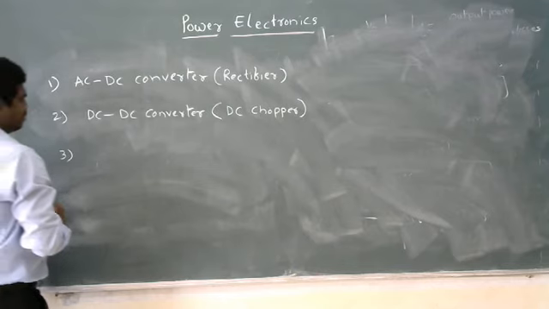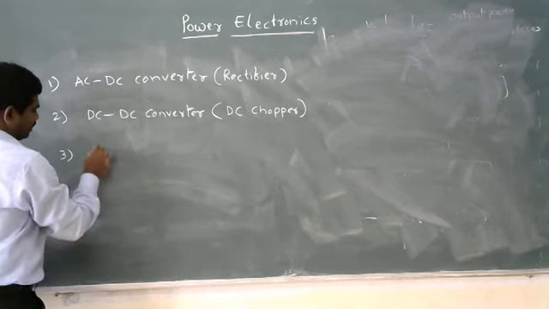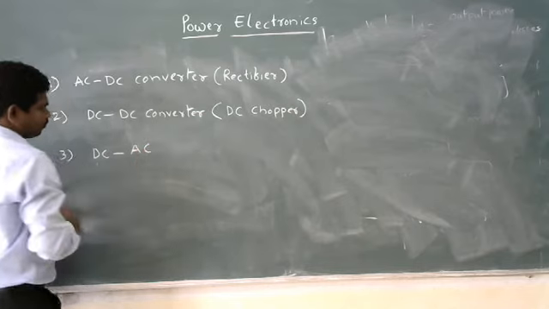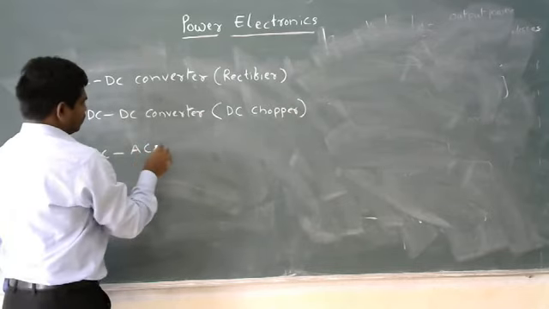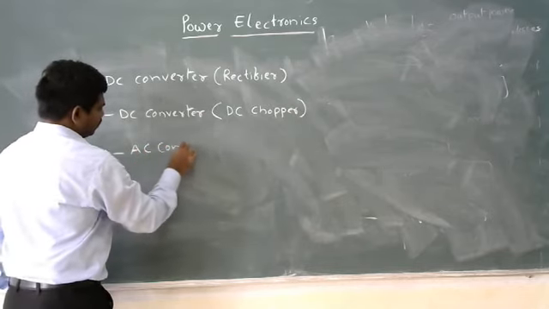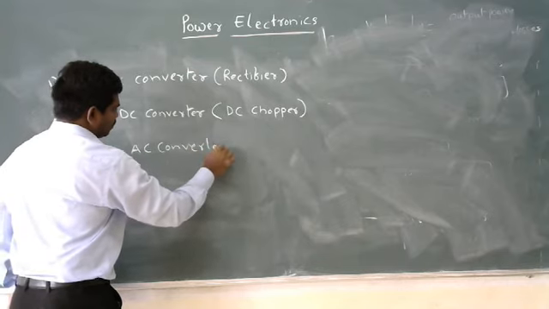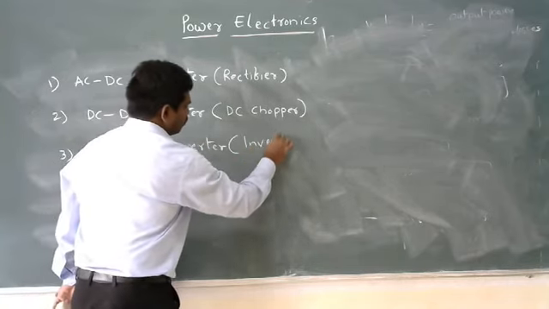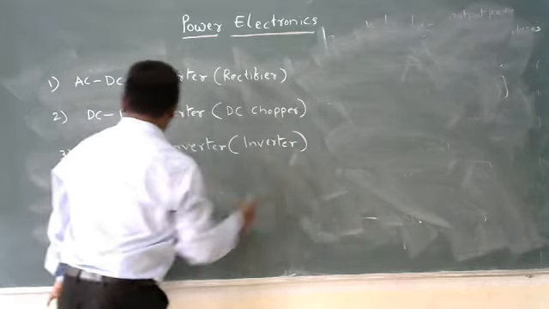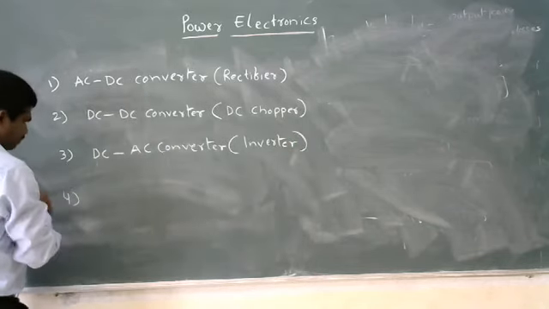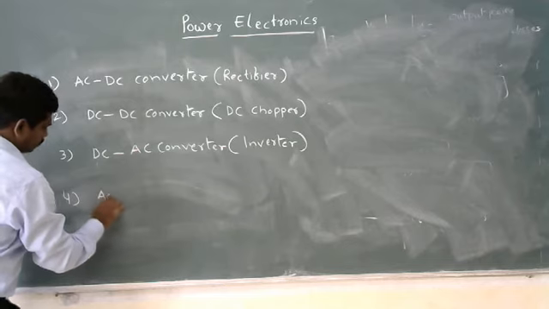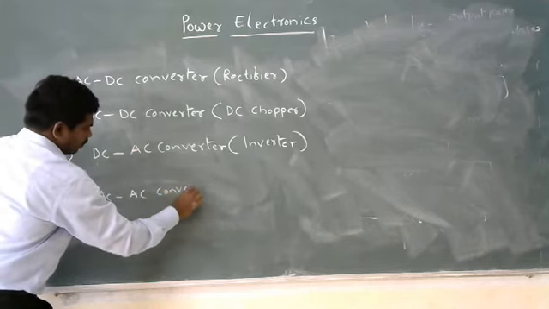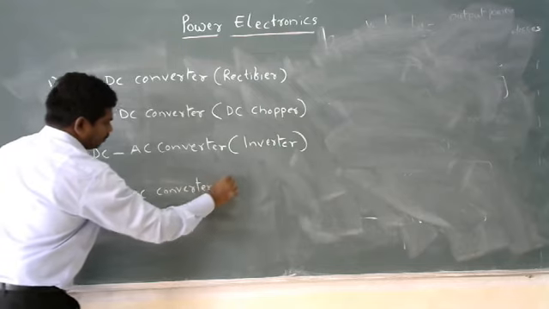The third one is DC to AC converter. This is called the inverter circuit. Finally, AC to AC converter.